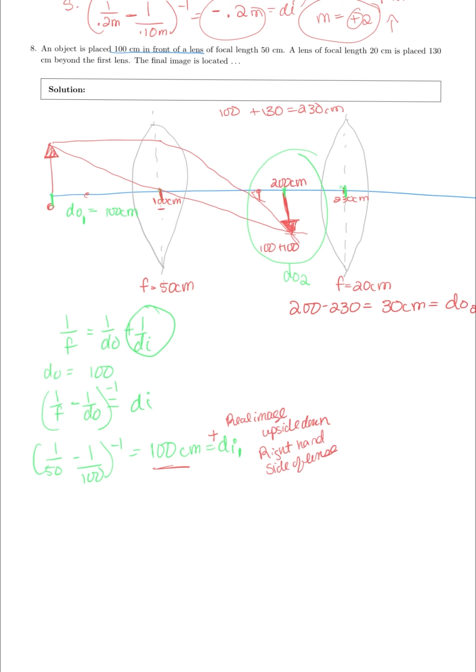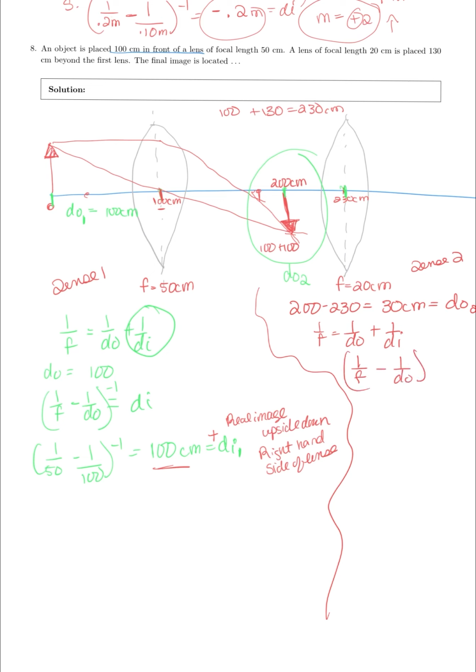All right, well, we want to know where this image is going to be. So this is lens 1. This is going to be lens 2. If we do the same thing here, we can find out where the image will be produced on this side. Well, we know that 1 over f equals 1 over do plus 1 over di, and we have the focal length and the object distance, so we can find di.